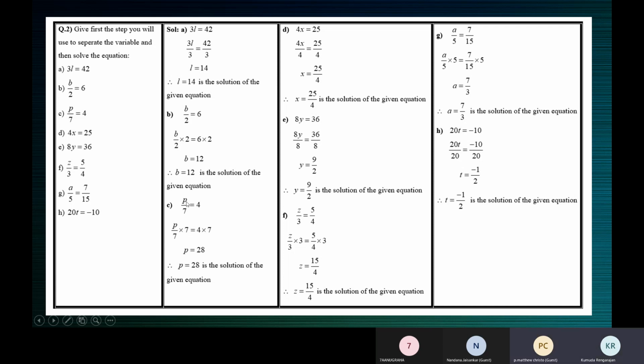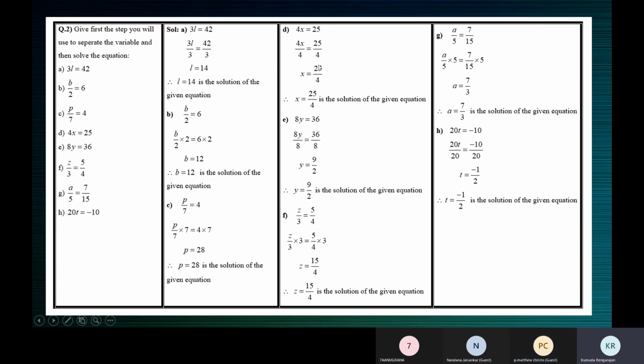Yes, ma'am. We are multiplying both the sides by 7. So see here, P by 7 into 7 is equal to 4 into 7. So what happens in the LHS? 7 and 7 will get cancelled, so you're left with only P. So P is equal to, in the right hand side, 4 into 7 is 28. So P is equal to 28 is the solution of the given equation.